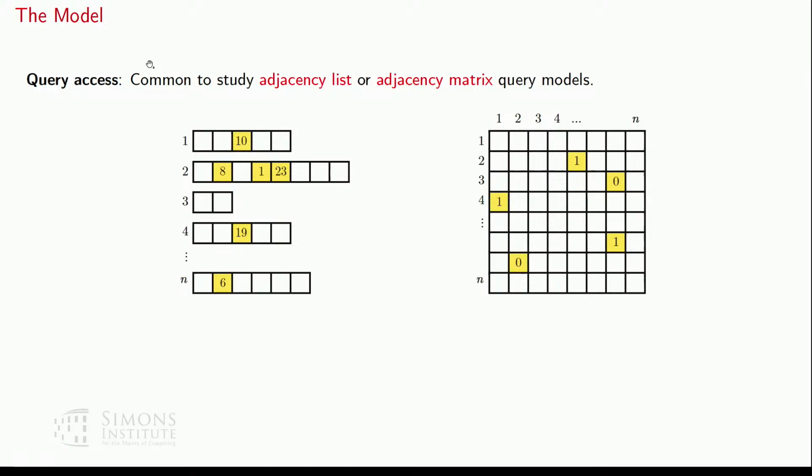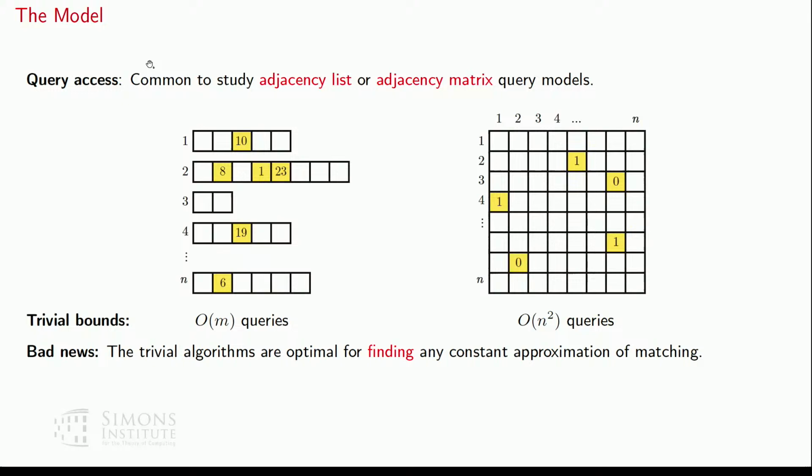In the adjacency matrix, you specify 2 vertices, and you're told if they are adjacent or not. Okay, trivial bounds. You can query everything here. It takes order m queries, and you can solve it using your favorite linear time approximate matching algorithm. In the adjacency matrix model, you can query every entry, and it takes n squared time. Oh, and throughout the talk, n will denote the number of vertices, m will denote the number of edges.